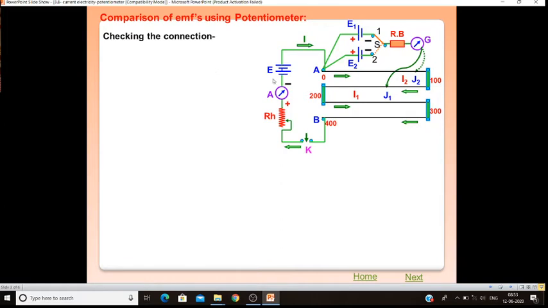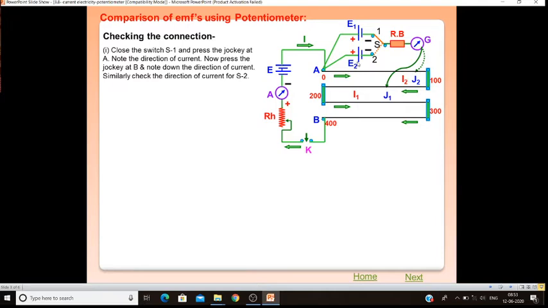First, how can we check the connection? Close the switch S1 and press the jockey at point A and see the direction of current in the galvanometer. Now bring the jockey to B and check the direction of current. If in both cases the direction of current is opposite, then our circuit is correct.